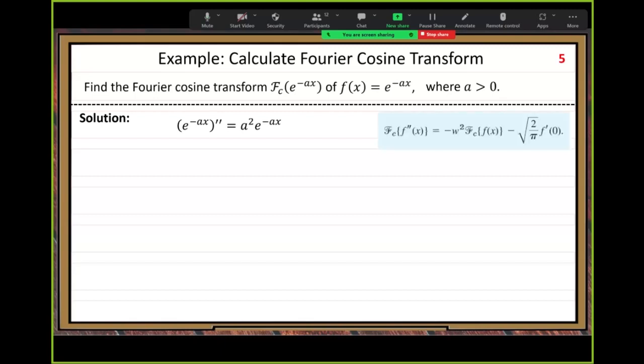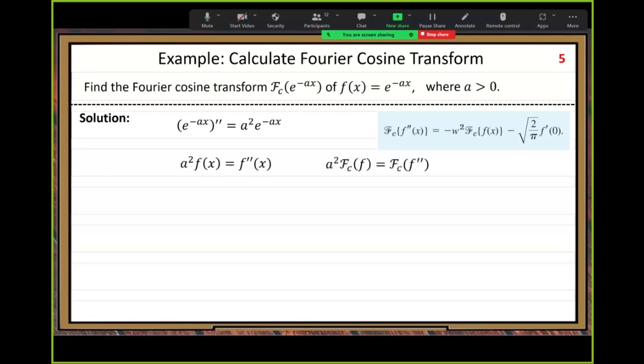Then let's apply this double prime Fourier cosine transform formula here. By the linearity principle, when you apply the Fourier transform of this function, you take a squared out. Before we apply the Fourier cosine transform, we have this one, then we apply that formula.